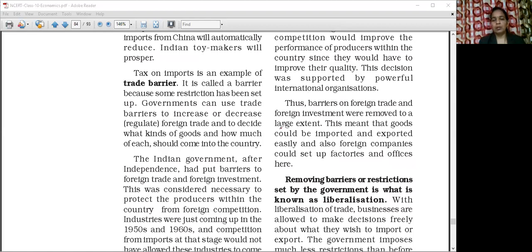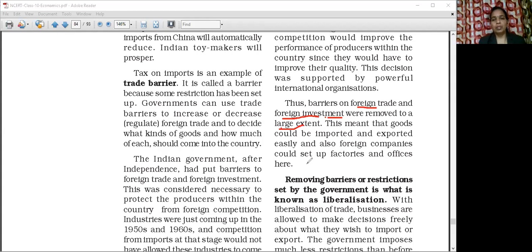The barriers which existed in the early 1990s were removed in 1991 with the GATT agreement, which allowed the Indian market to foreign investors. This meant that goods could be imported and exported easily, and foreign companies could set up factories and offices here.